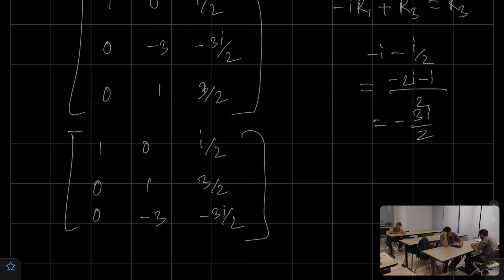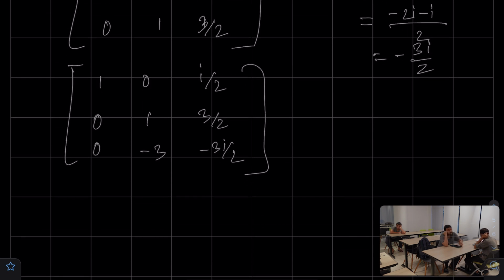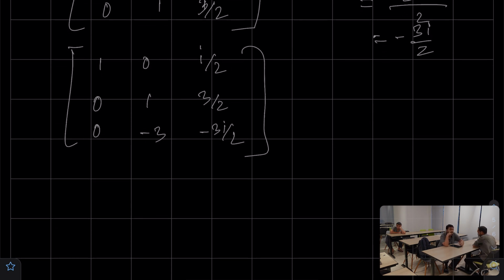Then what will be your next operation? You are going to multiply row 2 by 3 and add with R3, R2 plus R3 equals R3 prime.